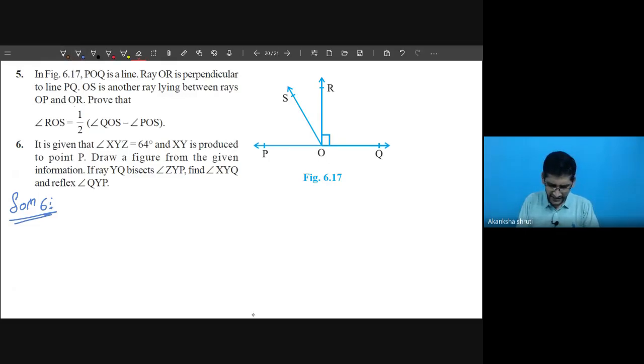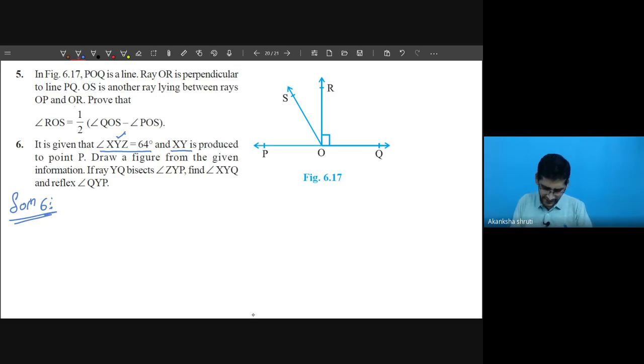It is given that angle XYZ is 64 degrees. XY is produced to P. So you may draw first XYZ, meaning at Y the angle is formed. Students, you are free to draw it like this. When the figure is not given, you have to think it through slightly.